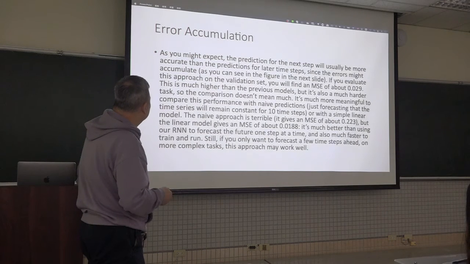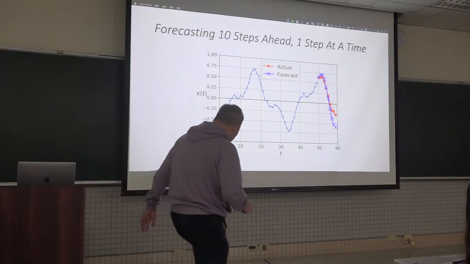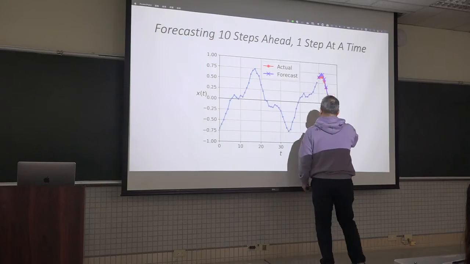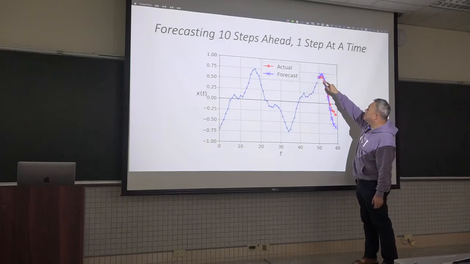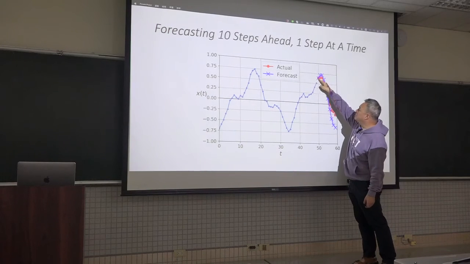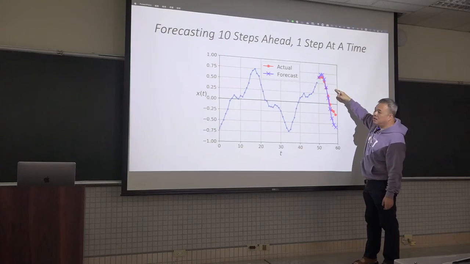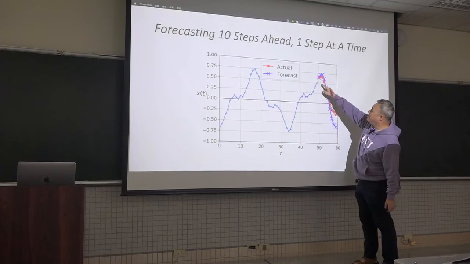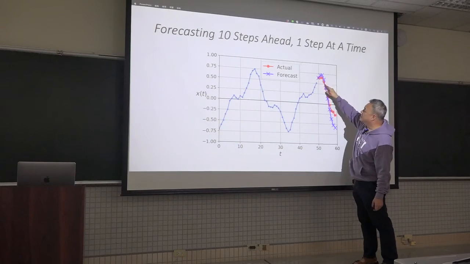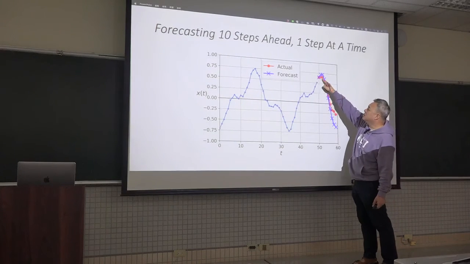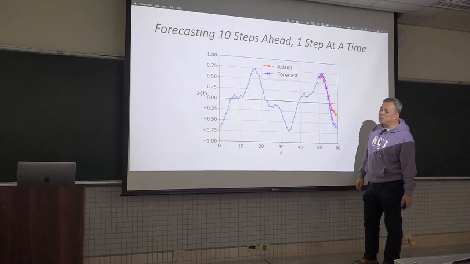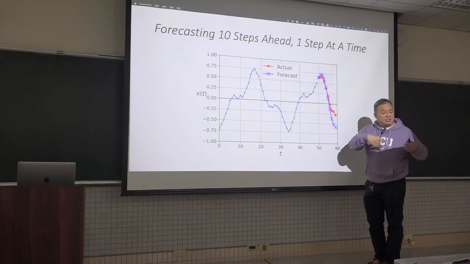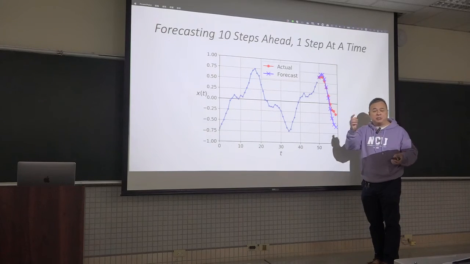Let's just use this figure, that's easier to see. You can see the red dots are the ground truth, and the blue crosses are the values that we forecast by using this iterative approach.